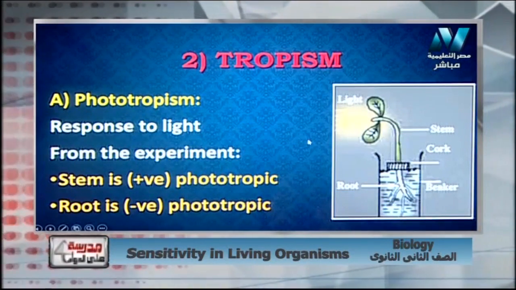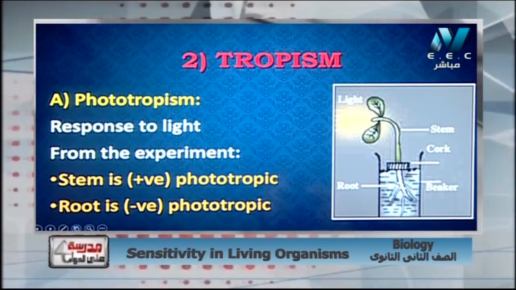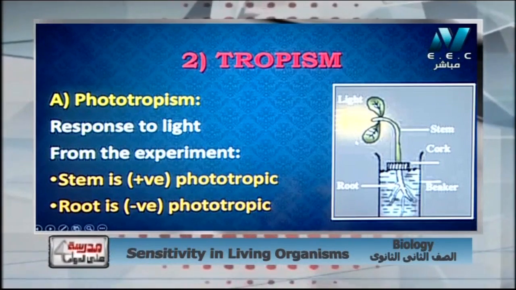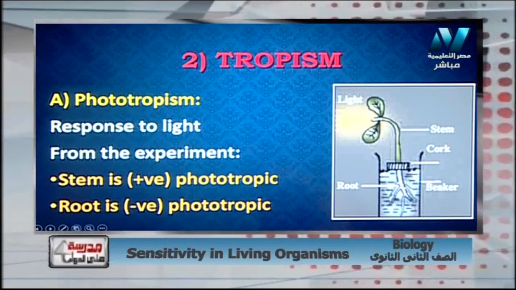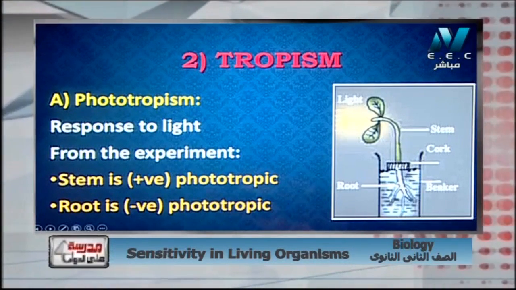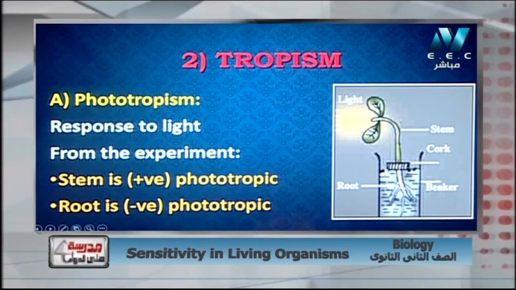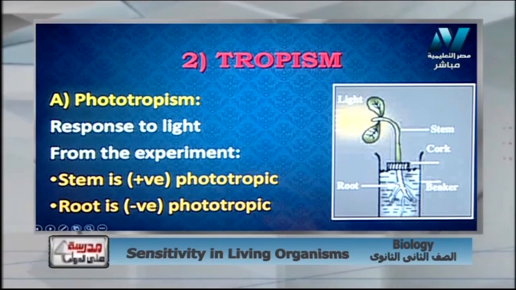We can carry out an experiment to prove the curvature of the plant towards or against light. In this experiment, we bring a seedling and place it in a cork disc on the surface of water in a glass beaker.